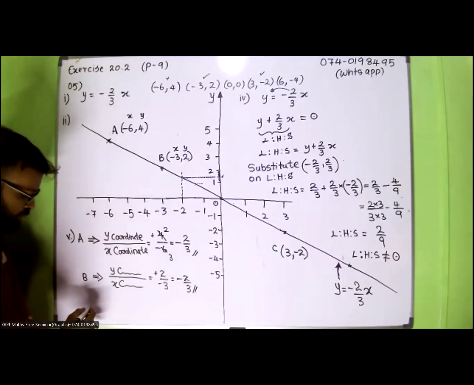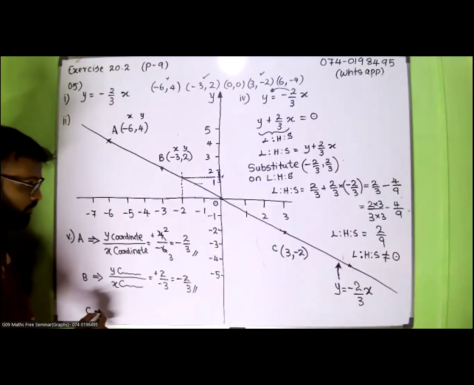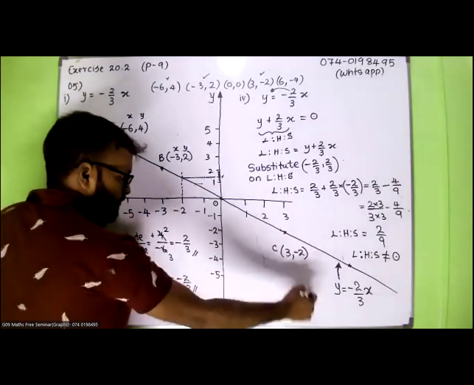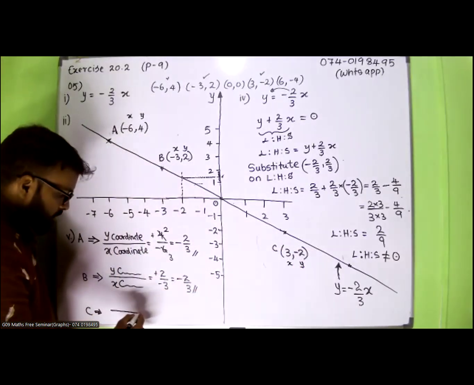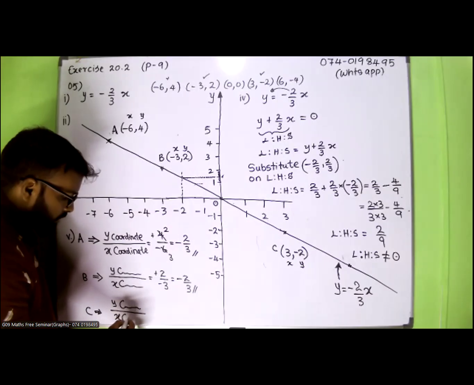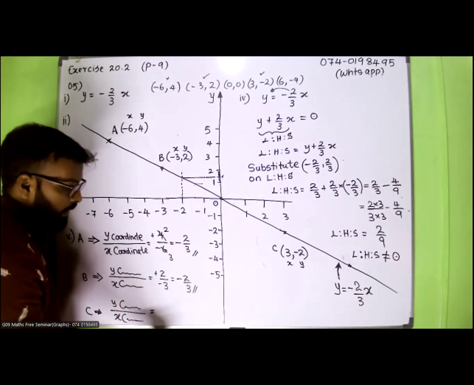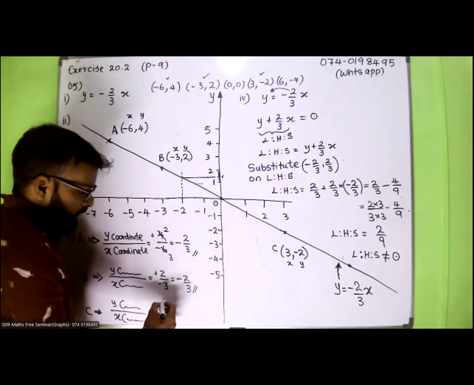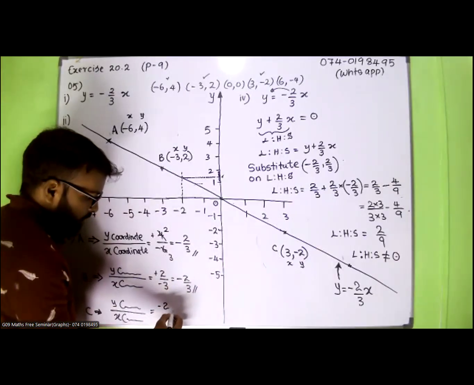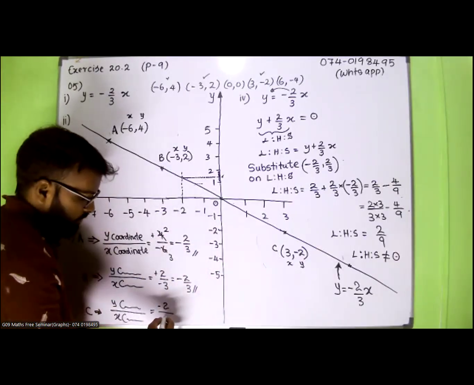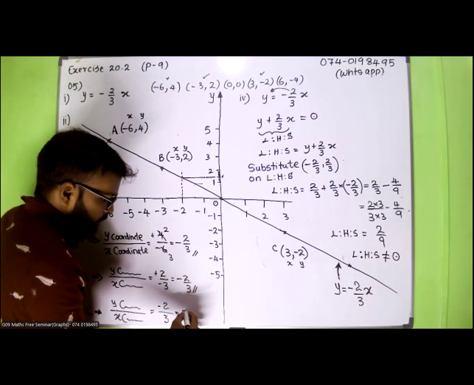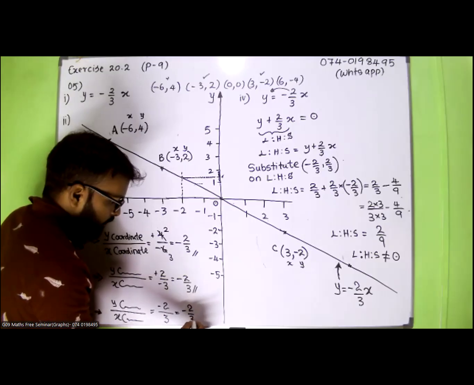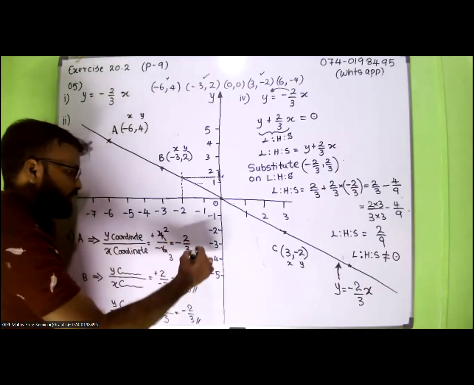Done. Point C is this. Y coordinate divided by x coordinate equals, y coordinate is minus 2 divided by 3. So we cannot simplify this further. Minus 2 upon 3.